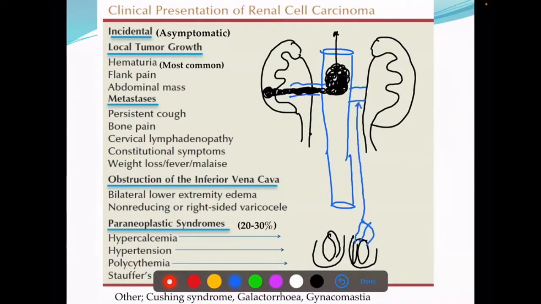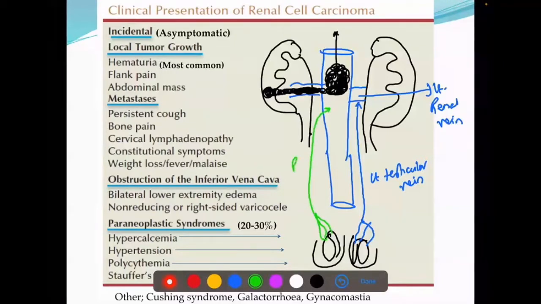Left testicular vein, or you can say gonadal vein, drains into the left renal vein. This has importance. I'll explain later on when I teach you varicocele. And on the right side, the testicular vein drains directly into the inferior vena cava. Please remember this one, commonly asked in the exam.